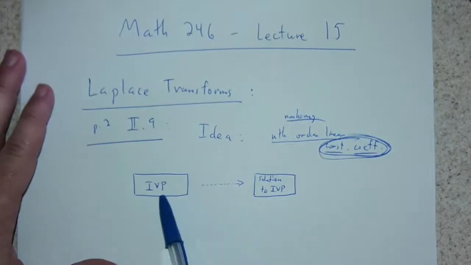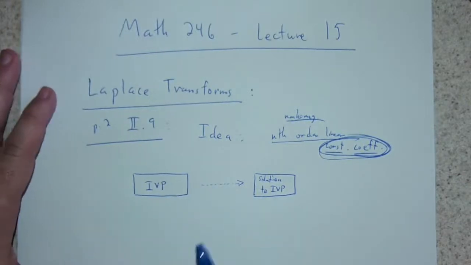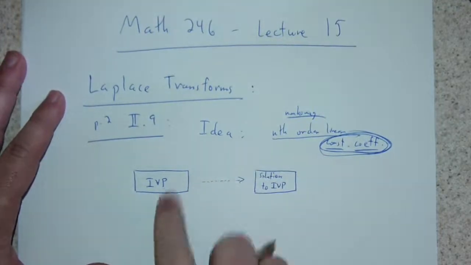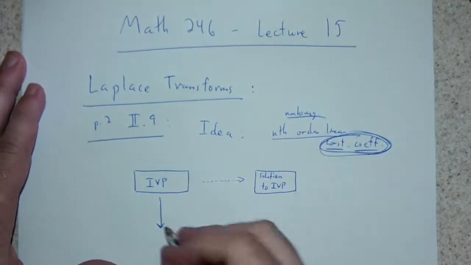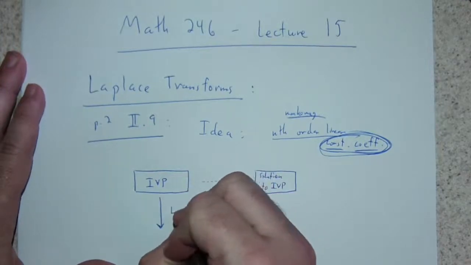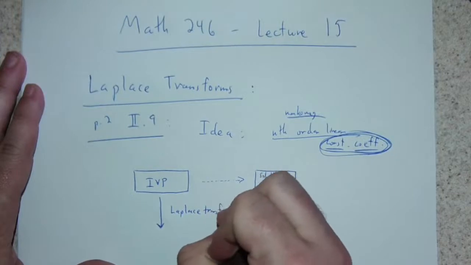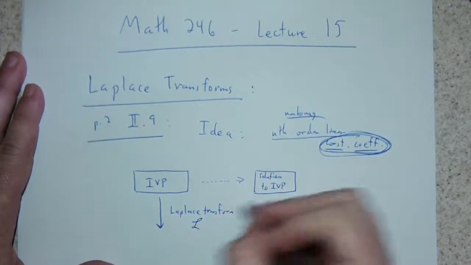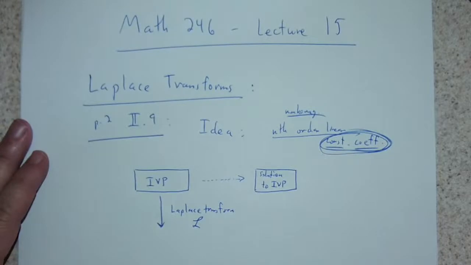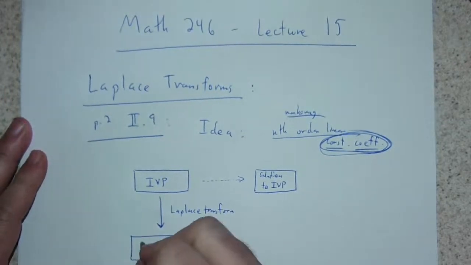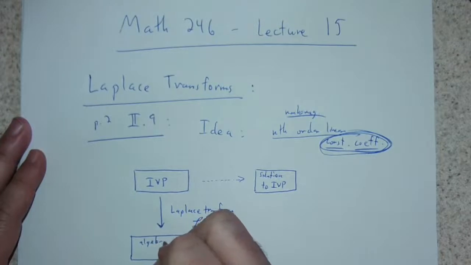But I'm not going to go about this in the direct way. My method is going to be indirect. I'm going to take this IVP and hit it with something called a Laplace transform, which I'll call script L like this. If I take an IVP and hit it with a Laplace transform, what that gives me is no longer a differential equation, but an algebraic equation.